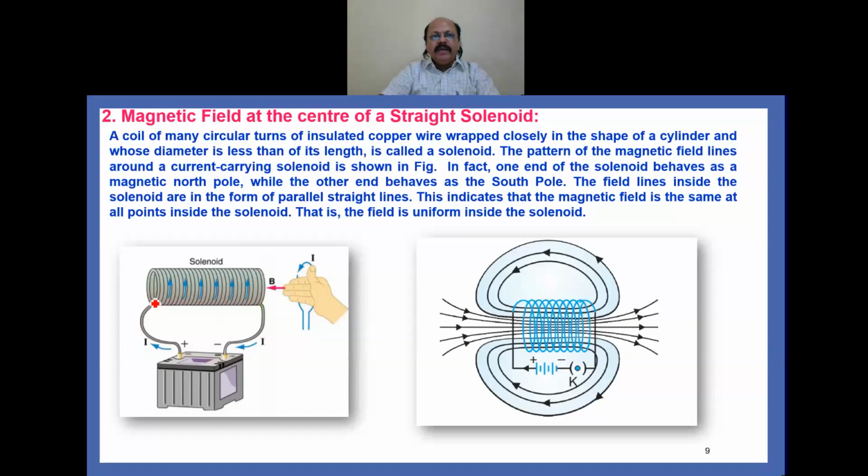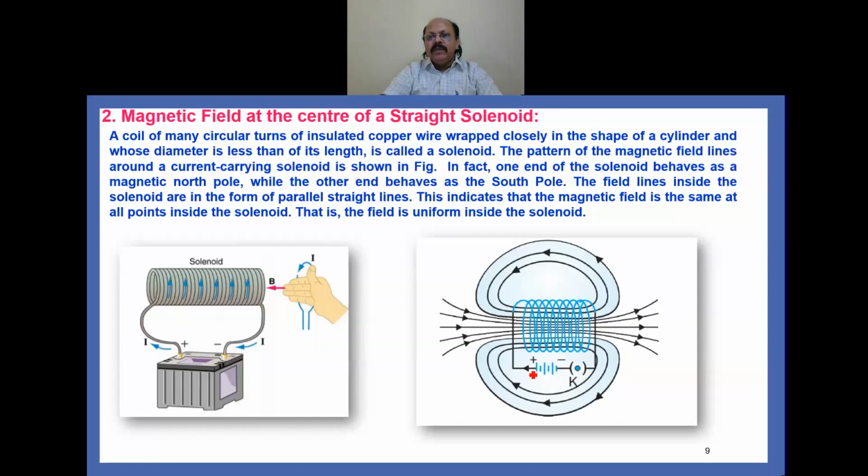When we connect the solenoid to the battery, the current starts flowing, so a magnetic field is developed and magnetic field lines are there. You can see here, by the right hand thumb rule, the direction of the magnetic field lines, where the thumb represents the direction of current. In the second diagram, this is a solenoid connected to a battery along with a key.